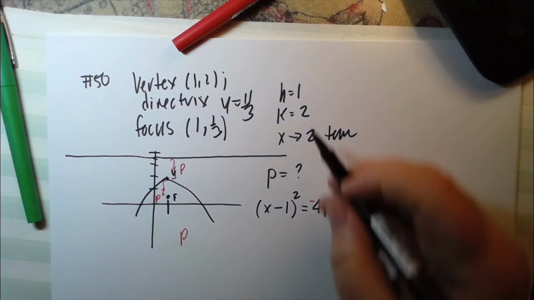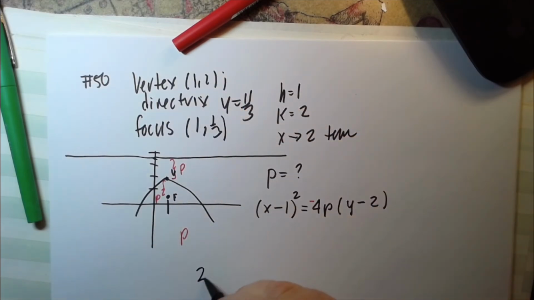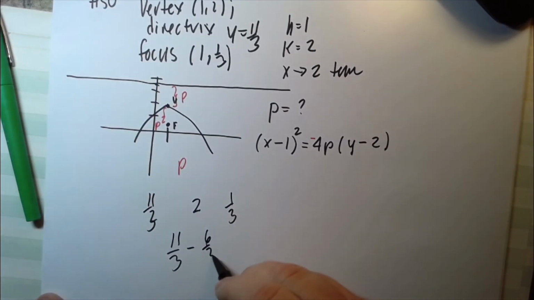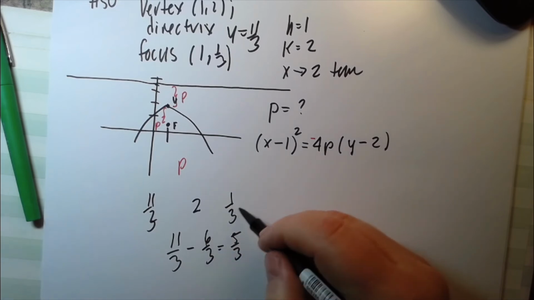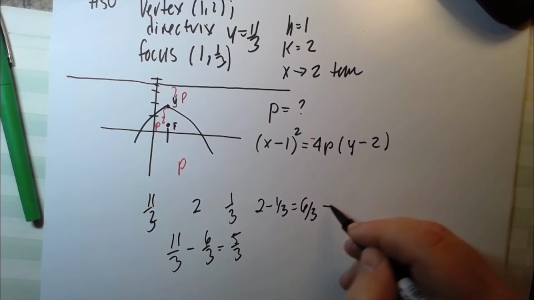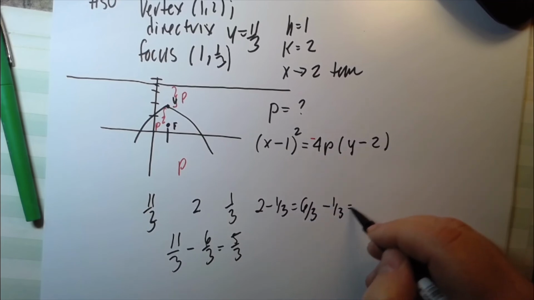So what do we have? We have a y value of 2, and above it we have 11/3, and below it we have 1/3. If I take 11/3 minus 6/3, that's 5/3. Just to double check, 2 minus 1/3 is 6/3 minus 1/3, which is 5/3.